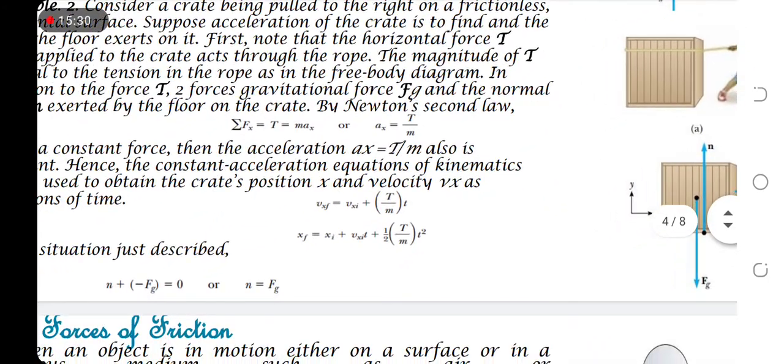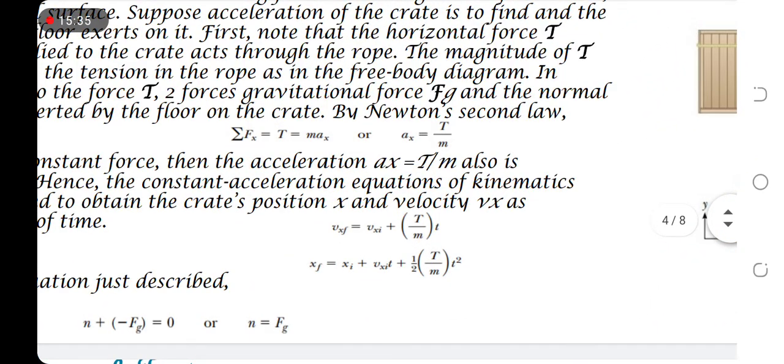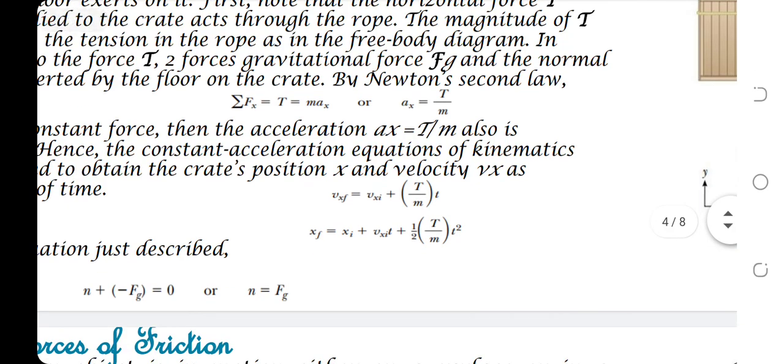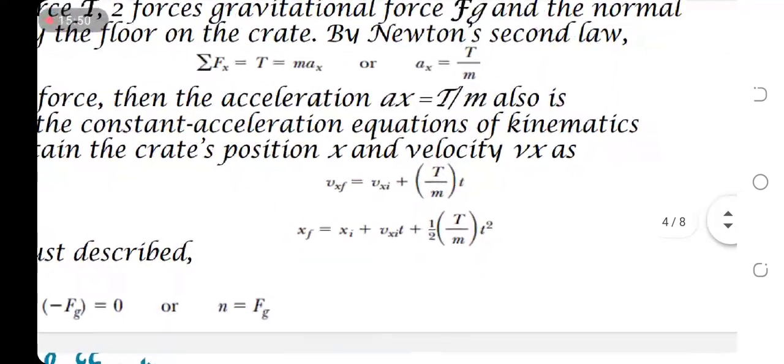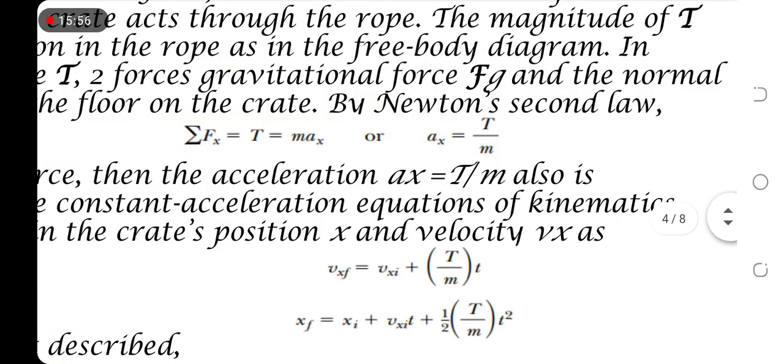The two forces cancel the effect of each other. If the body moves towards the right, it means that two forces, force of gravity and the normal reaction, will cancel each other. Then the net force will be only the force along the string in a horizontal direction. So we can apply Newton's second law.